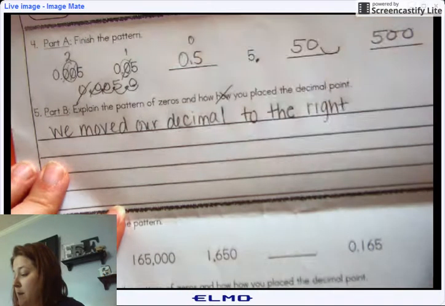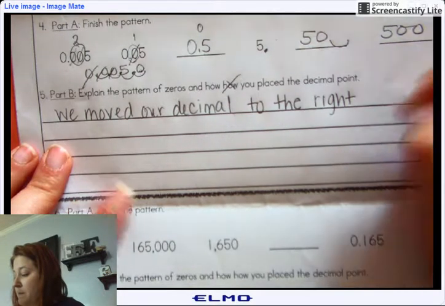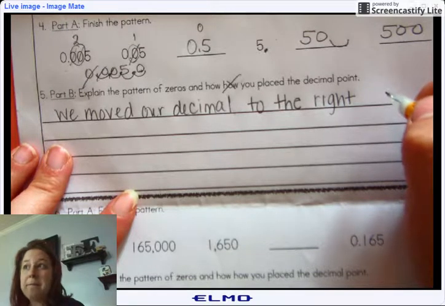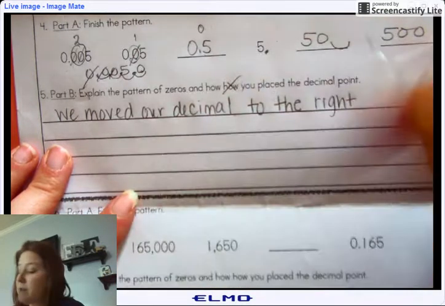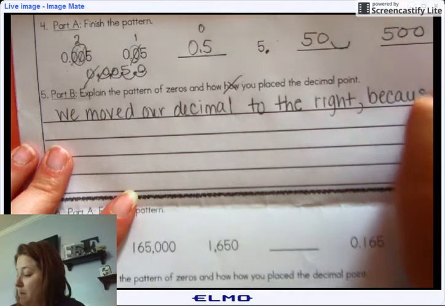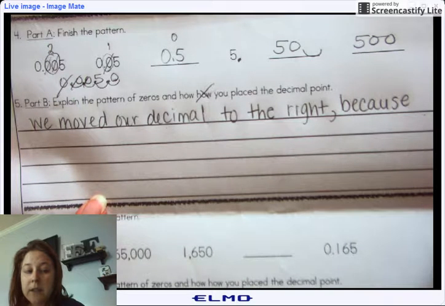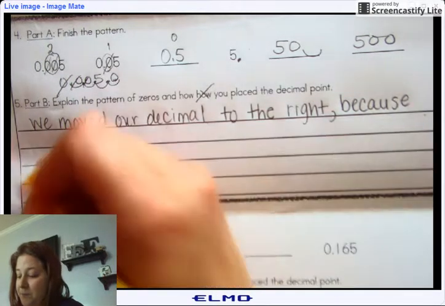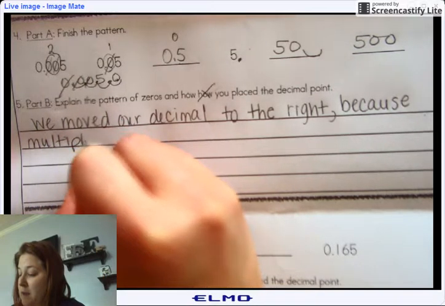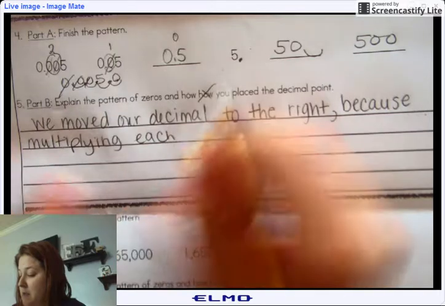Right. Why did we move it to the right? Because what we are doing? When we move it to the right, we are multiplying each time.